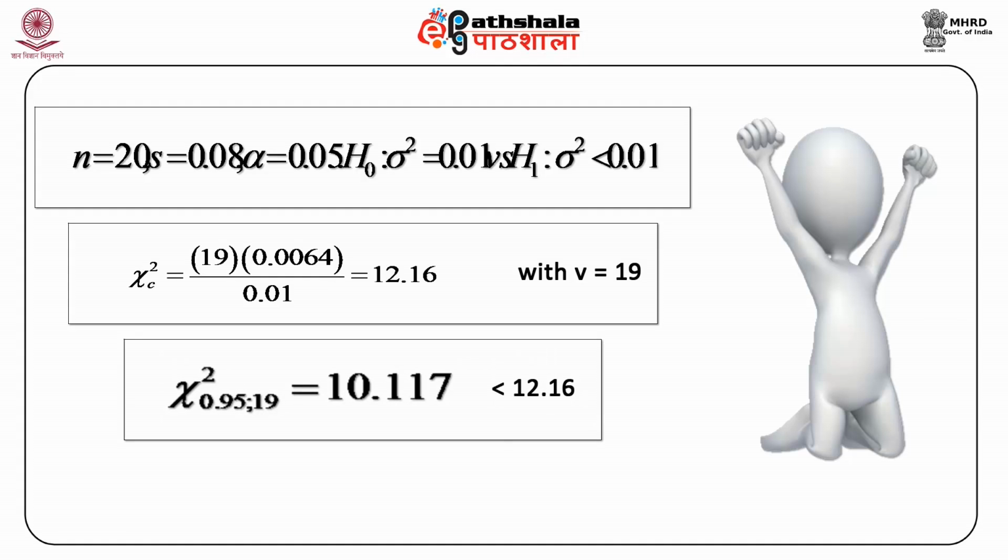Now chi-square 0.95, 19 is equal to 10.117, which is less than the calculated value 12.16. Therefore, we do not reject H0 at 5% level of significance. The apparatus should not be used as there does not exist strong enough evidence in favor of the alternative that sigma is less than 0.10.